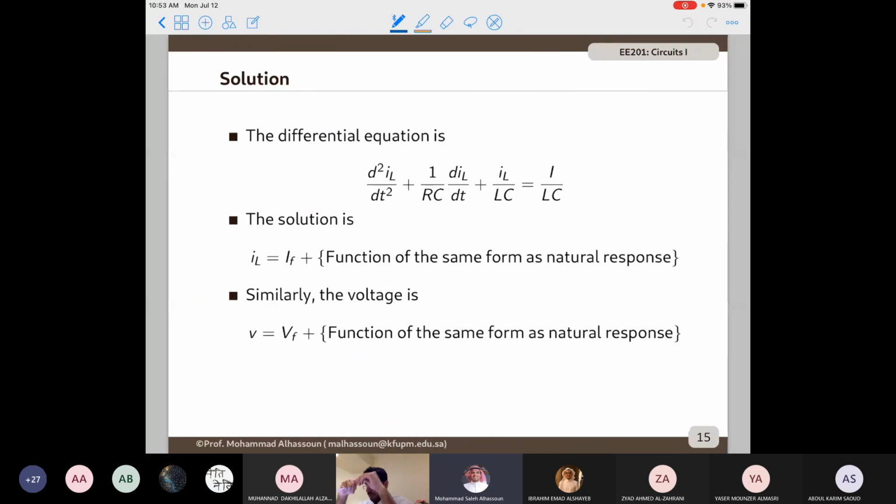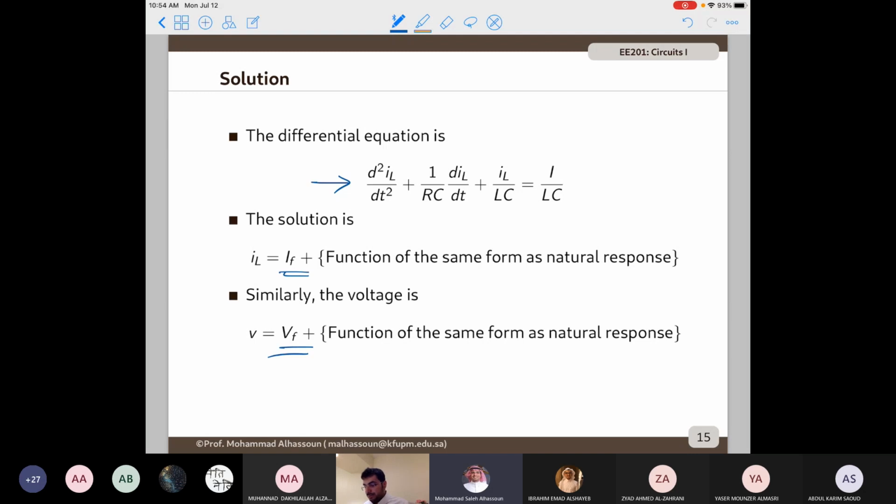So it turns out that if you have this differential equation and you want to solve it, then the solution is going to be exactly the same as the case of the natural response. There's only one additional term here, which accounts for the final value of the current.